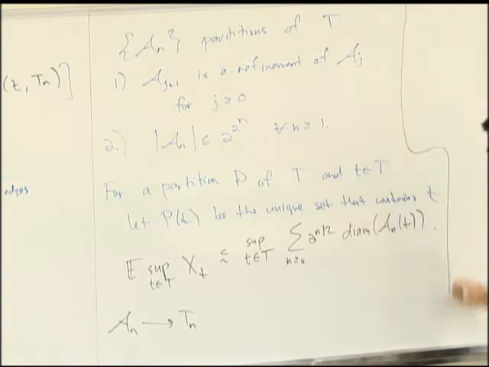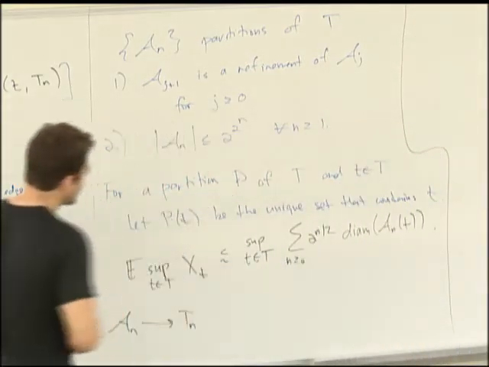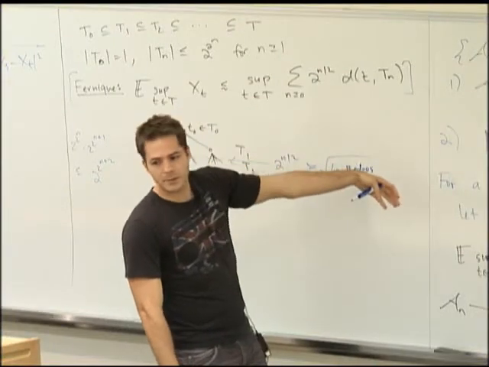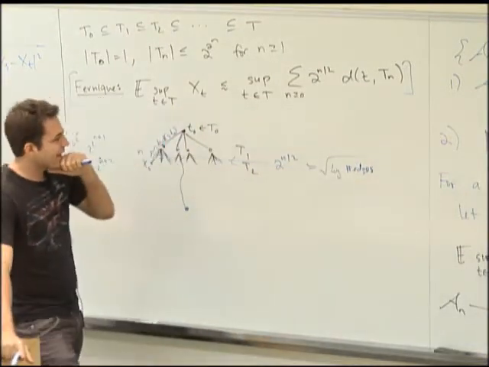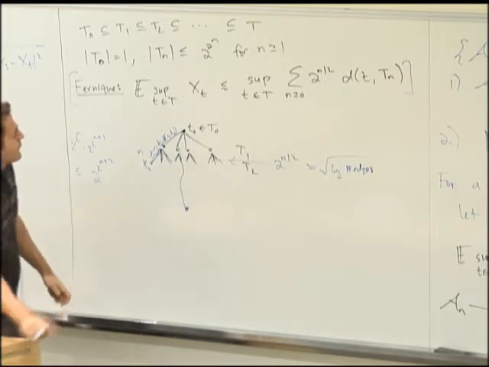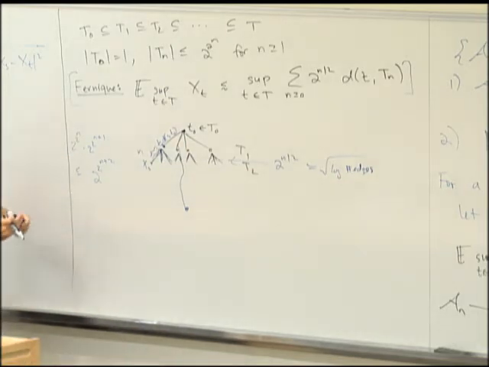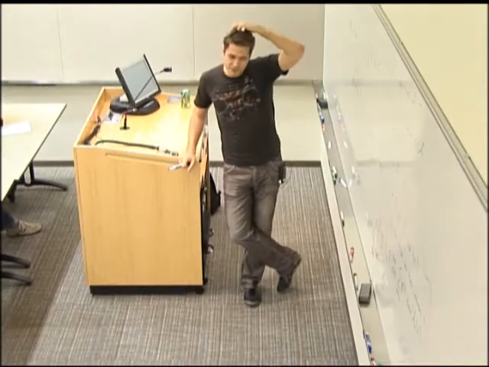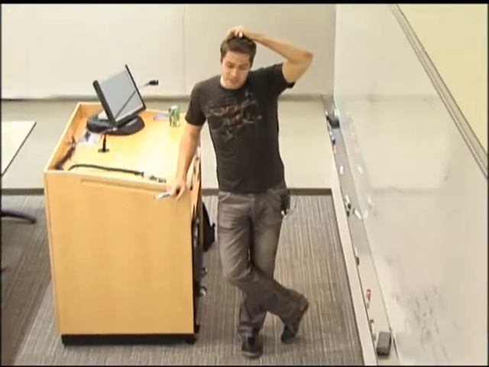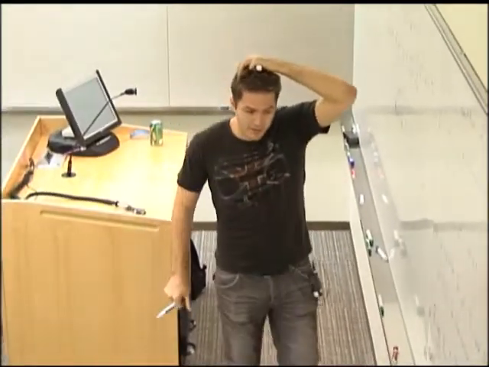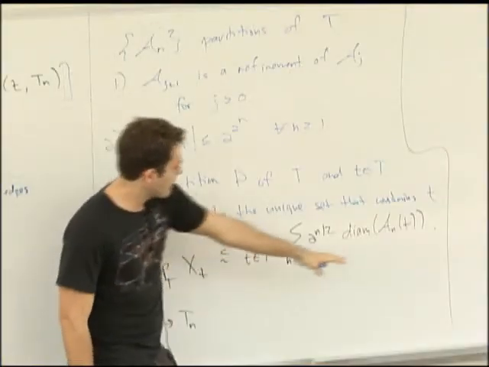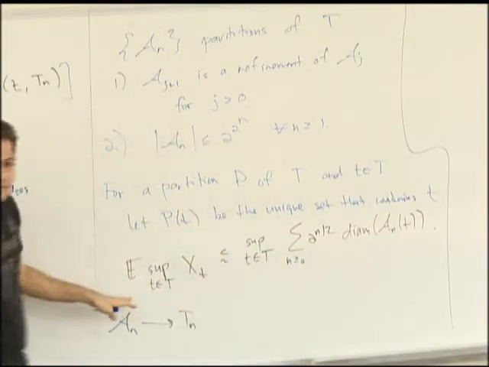And now the immediate question that arises, or maybe one that arises after you stare at it for a while, is how good of an upper bound this is. Okay? And in fact, after Fernique proved this upper bound, again in a different form than this, using the language of measures instead of the language of partitions, he started thinking about trying to prove that there are processes where this is not the right way to control the expected supremum.